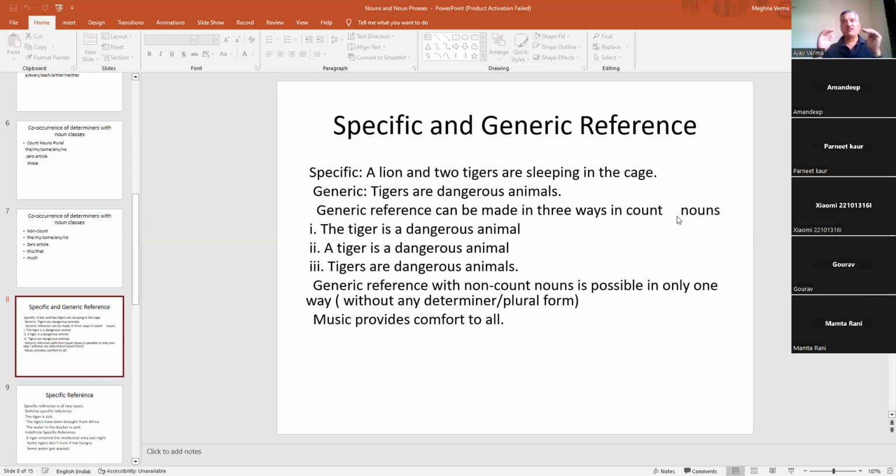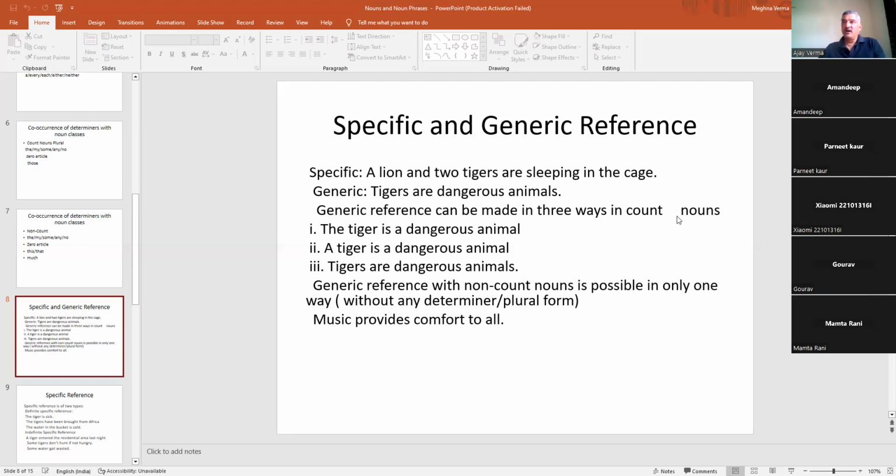Let me make one thing very clear right at the beginning: count nouns, non-count nouns, and their subclasses, singular and plural, can be used either for specific reference or for generic reference. They can be used for both. Now there is sometimes confusion in the minds of students. How do we make generic reference?